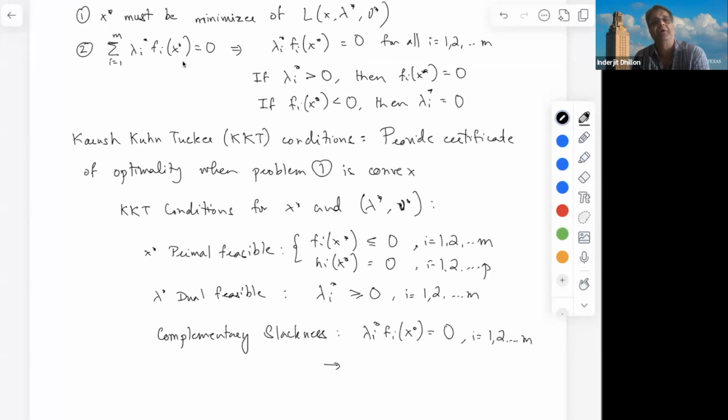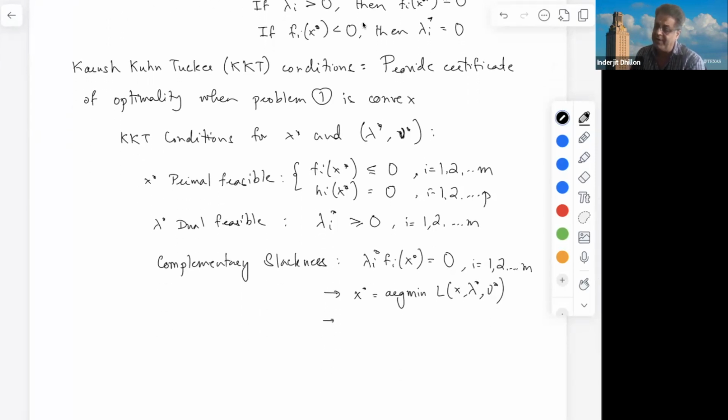So x star is a minimizer of L. I'll just write this as x star equals arg min of L(x, lambda star, nu star). And what that implies, since the problem is convex, is that the gradient of L should be 0: gradient of f naught at x star plus, and we'll be using this.